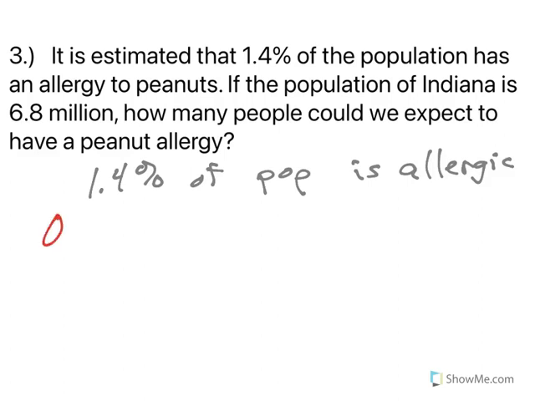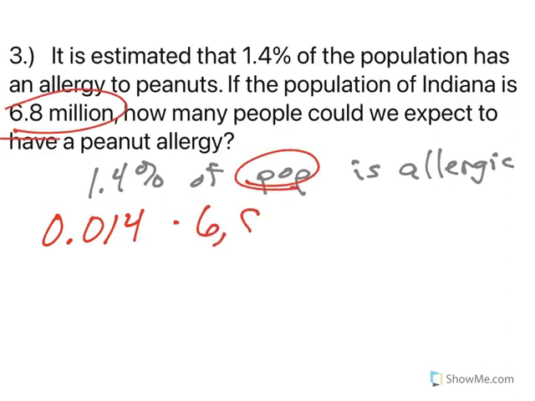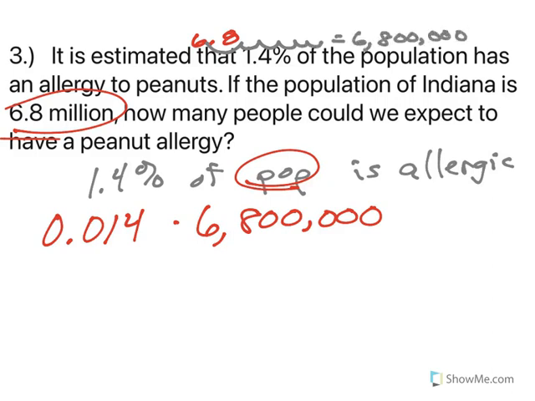So 1.4% is 0.014. Of means to multiply. The population is 6.8 million. Remember that million means 6 zeros. So if I have 6.8 and I want to change it to standard form, 6 places. 1, 2, 3, 4, 5, 6. And that's how I get 5 zeros there at the end.